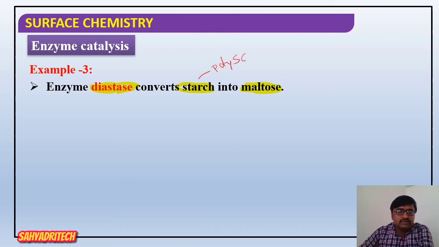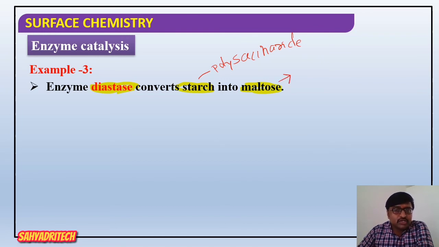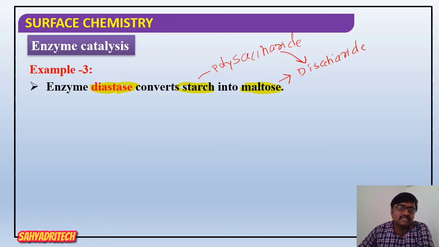When starch is treated with the diastase enzyme, starch is converted into maltose, which we call malt sugar. Maltose is a disaccharide, so a polysaccharide is converted into a disaccharide with the help of diastase. So it's also an example of enzyme catalysis.